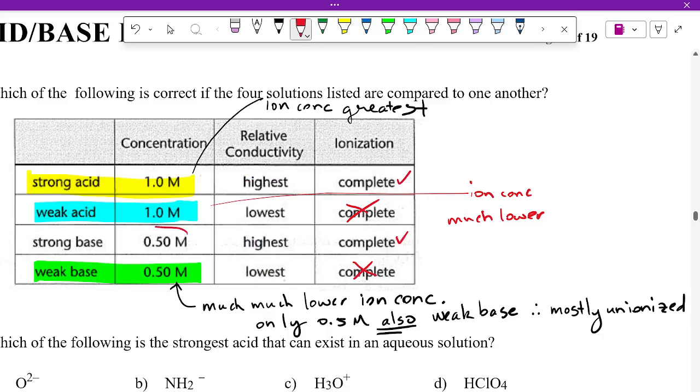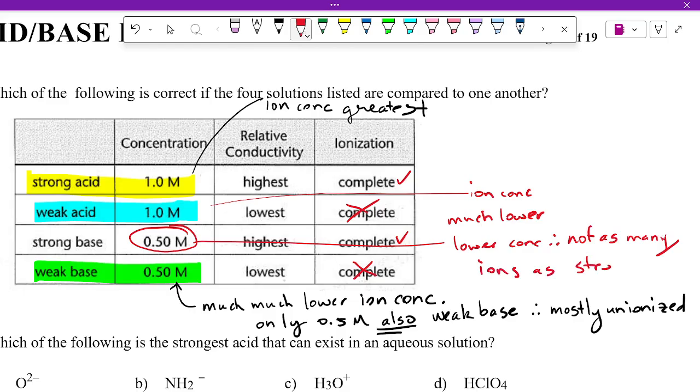But because this one has a lower concentration, it will not have as many ions as the strong acid. I went a long way around to get there. Okay, so the answer is A. That is the correct statement.